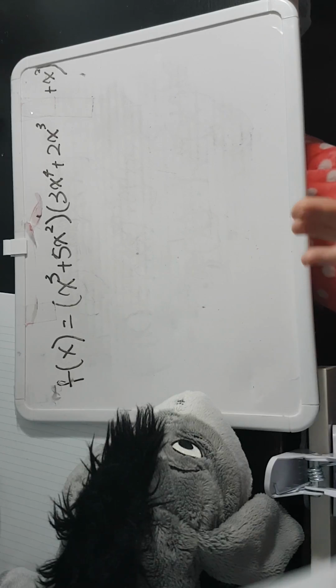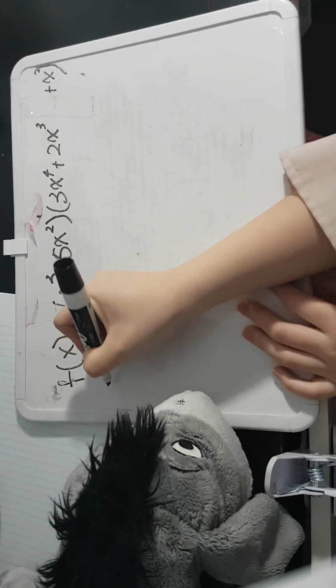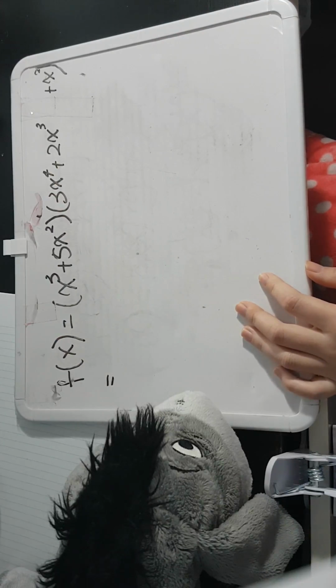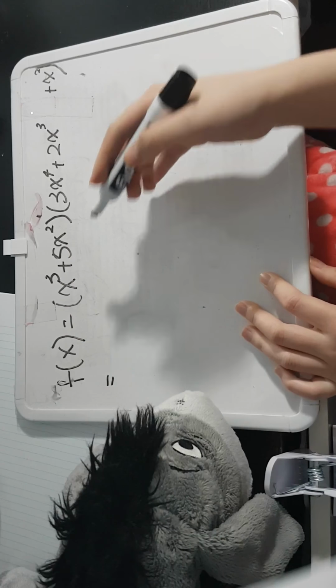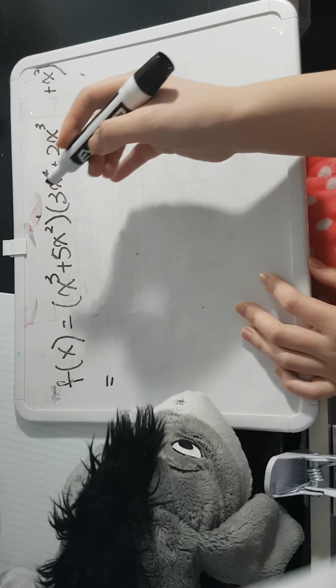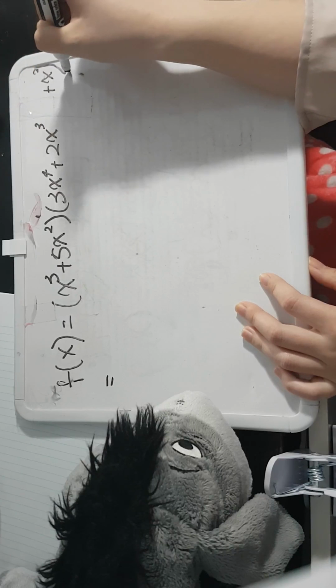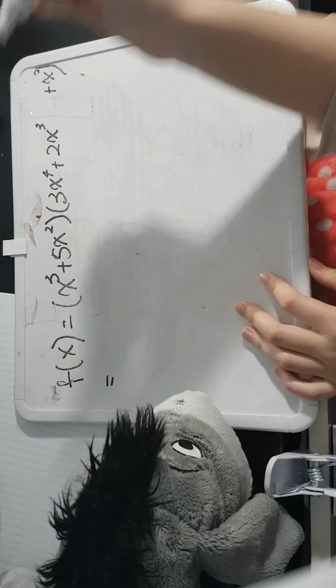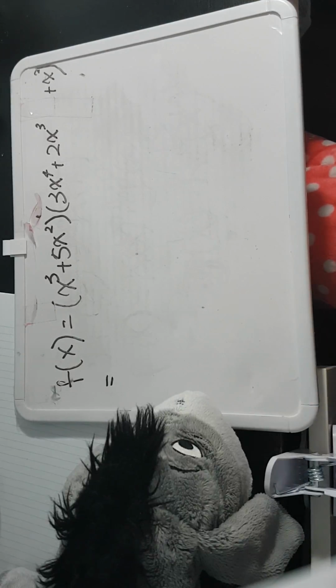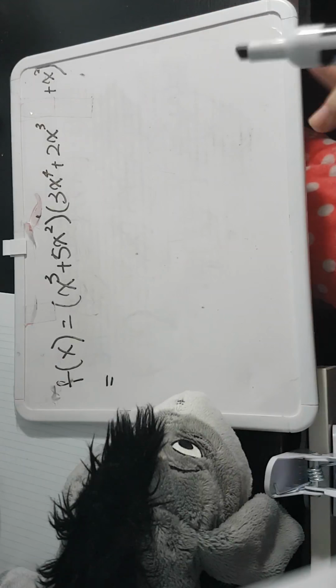If we have this kind of function in front of us, listen donkey, we're going to follow the equation, and by solving the derivative of g(x) and h(x), we can get the derivative for this whole function.